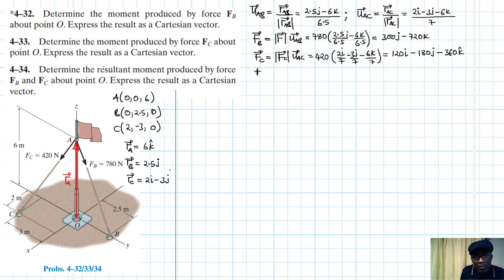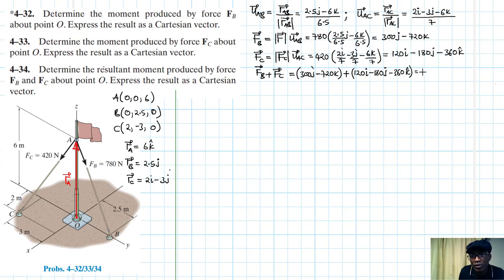Alright, then let's sum up FB plus FC. We'll use this in the third case. We need to sum up the two. So FB is 300J minus 720K plus the other one, which is 120I minus 180J minus 360K.